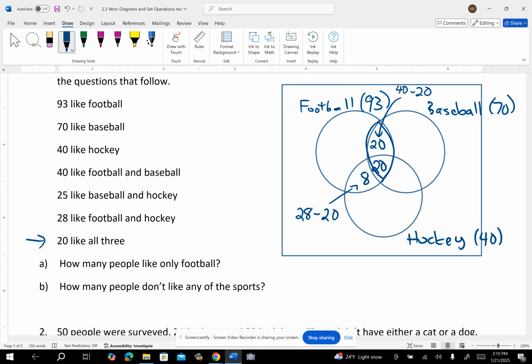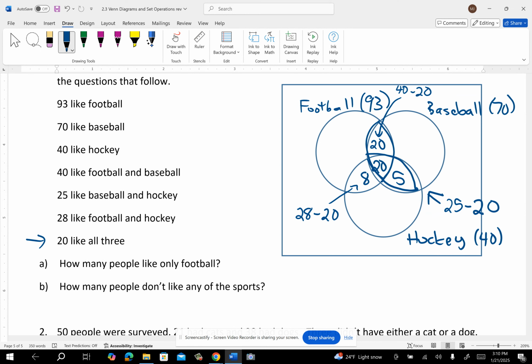And then over here should be baseball and hockey, and baseball and hockey is 25 people. So 25 people, all total, take away the 20, leaves us a 5. So that idea of subtracting to get what's in each of those regions, that's important.